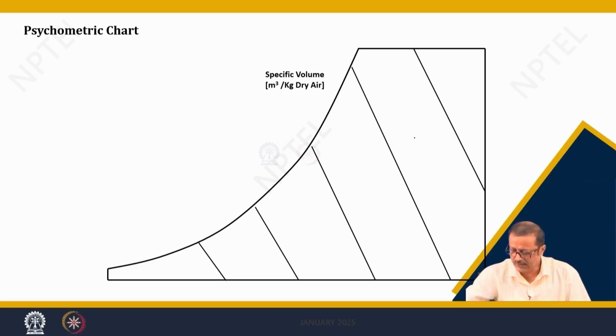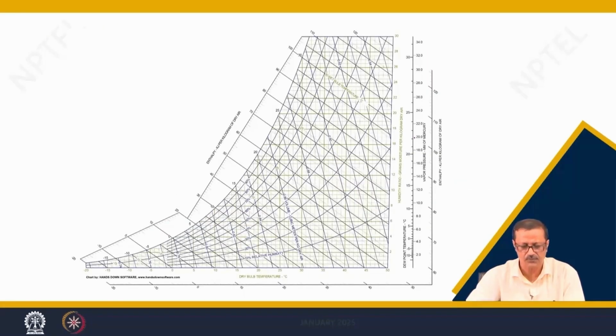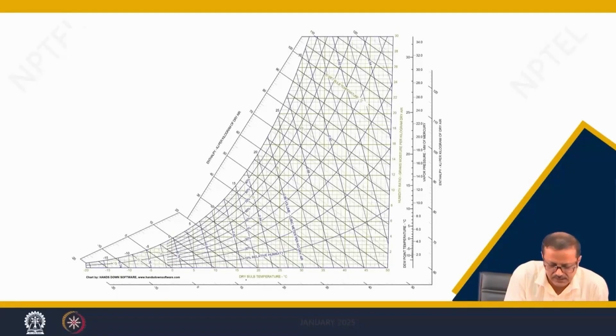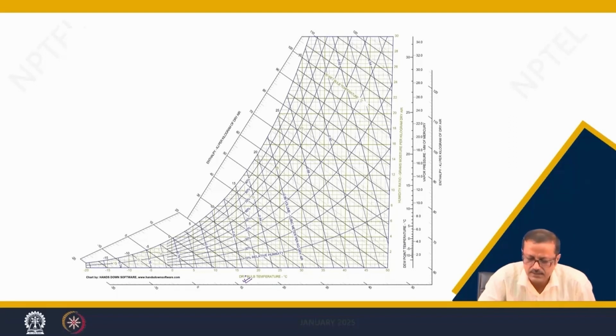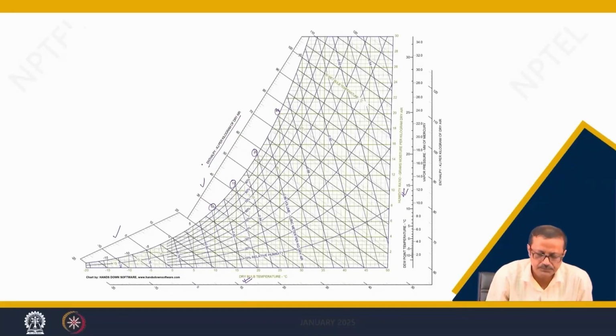So, in a nutshell, if I go a little bit forward to a particular psychrometric chart, in the x axis I am getting DBT, the y axis I am getting humidity ratio, these are my wet bulb temperature lines, and these are the enthalpy scales, these two or three scales, and these are the specific volume.